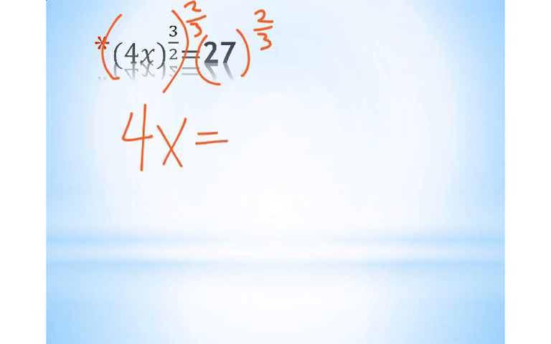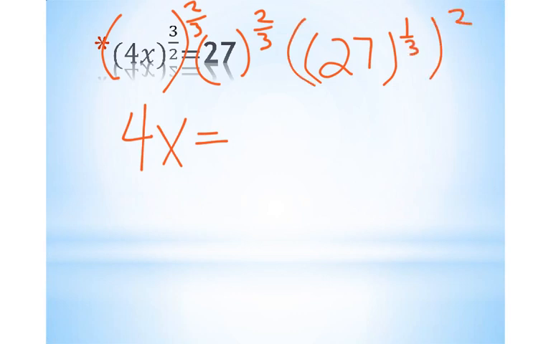Okay, 27 to the 2/3 power, I'm going to look at that as 27 to the 1/3 power, to the 2nd power, because according to my rules of exponents, I would just multiply those and get the same thing. So 27 to the 1/3 power is 3, and 3 squared is 9. So x is equal to 9/4.